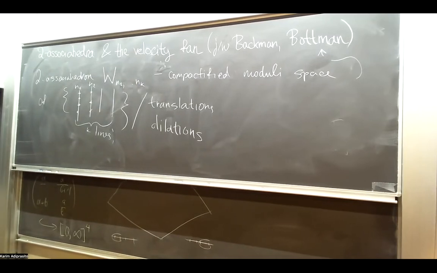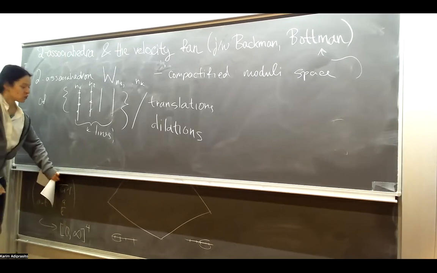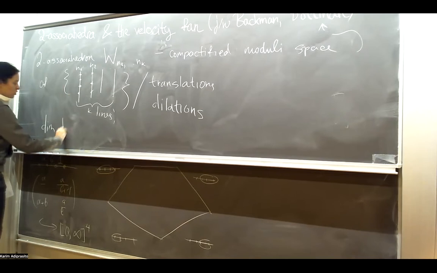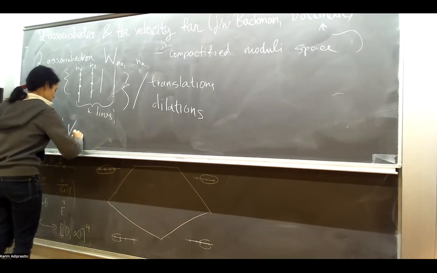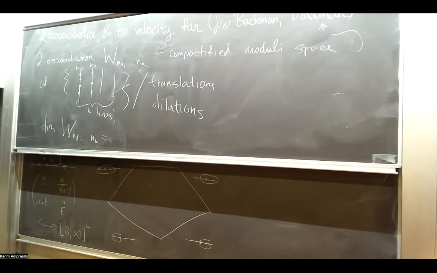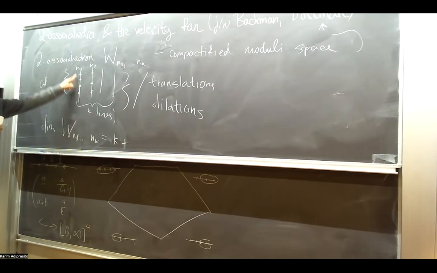Before I explain what exactly are the strata of these compactifications, let us do the simple dimension count. So, what is the dimension of W_{1..k}? Well, what do you have to fix? There are k positions for lines. That gives you dimension k. Then there are n_i positions for points on each line.